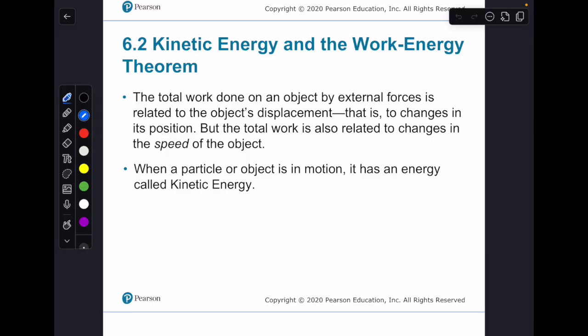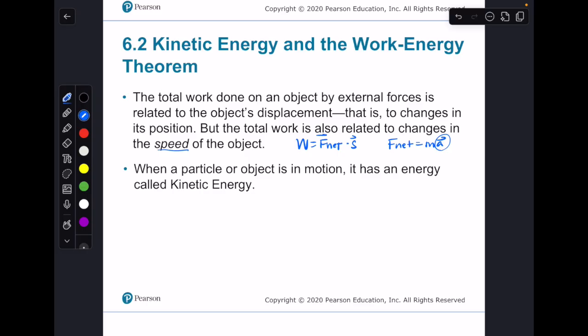Because if the work done is related to F net, and F net is mass times acceleration, well, then the total work must also be related to the speed of the object, right? Because the acceleration tells you how the speed changes. So let's take a look at that.